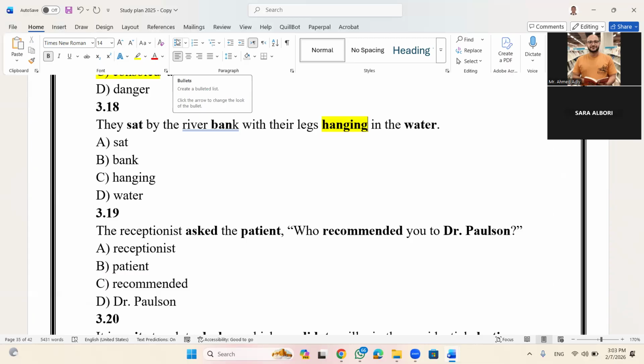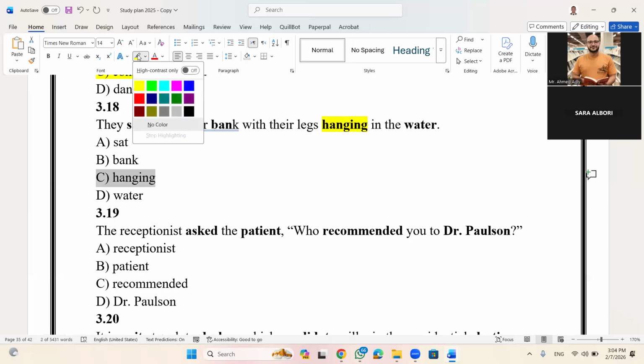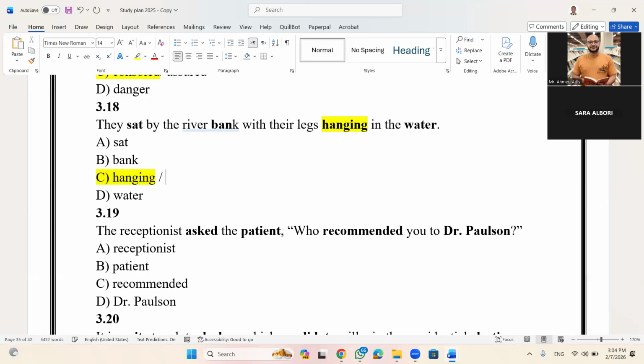But dangle means to hang loosely or swing freely. So the right answer here should be dangled, replacing hanging. Listen to me. When you put your feet in water, are they fixed to something in the ceiling? No. They're loose. You're moving them freely in water.